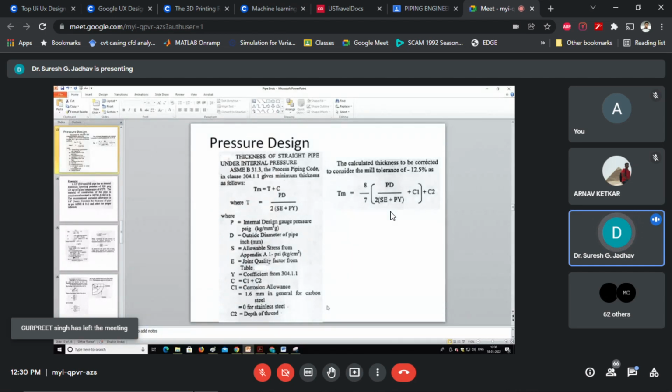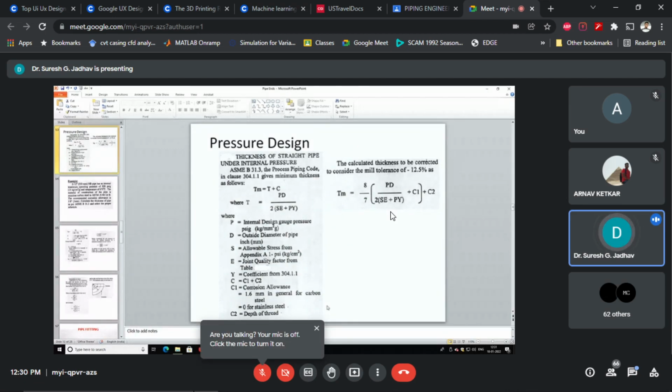D is the outside diameter of the pipe. S is the allowable stress. We can pick this stress value from Appendix A1 of ASME B31.3. You can see the handbook, Mohinder and Nayer's, already uploaded in Google Classroom in the classwork section.